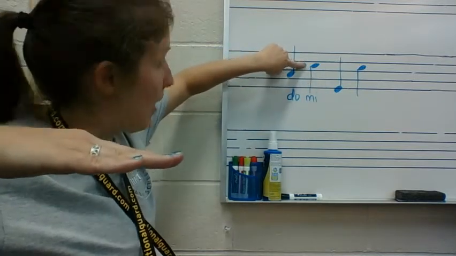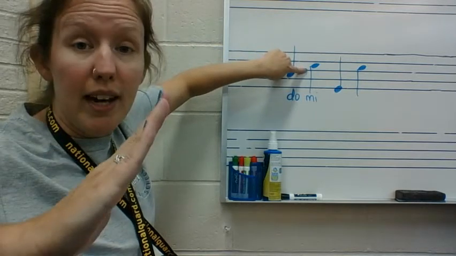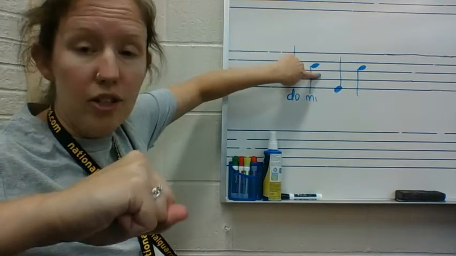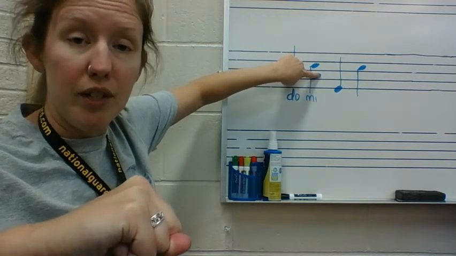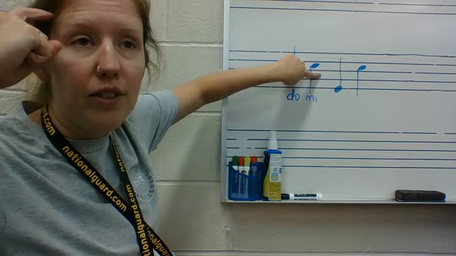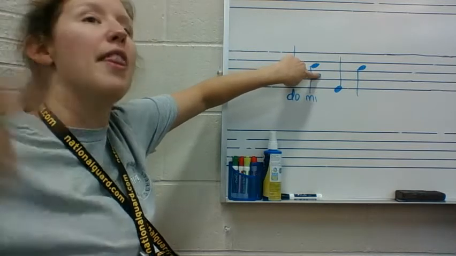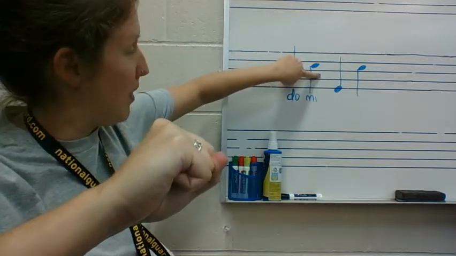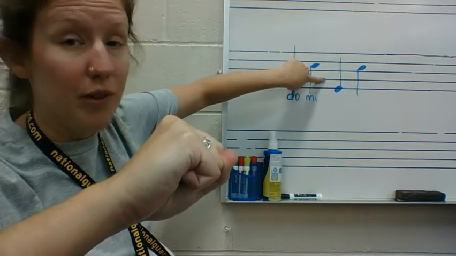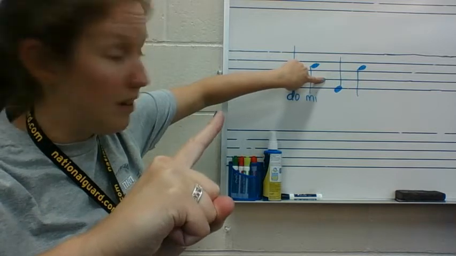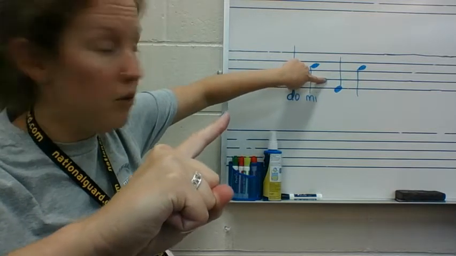When we're coming down, we come down from mi, next is re, then do. So normally, if we're doing our descending major scale, we stop there, right? So now we have to think back to the beginning of the descending major scale. When we start at high do and then we come down, what do we sing next? Ti. So that line underneath do is ti.